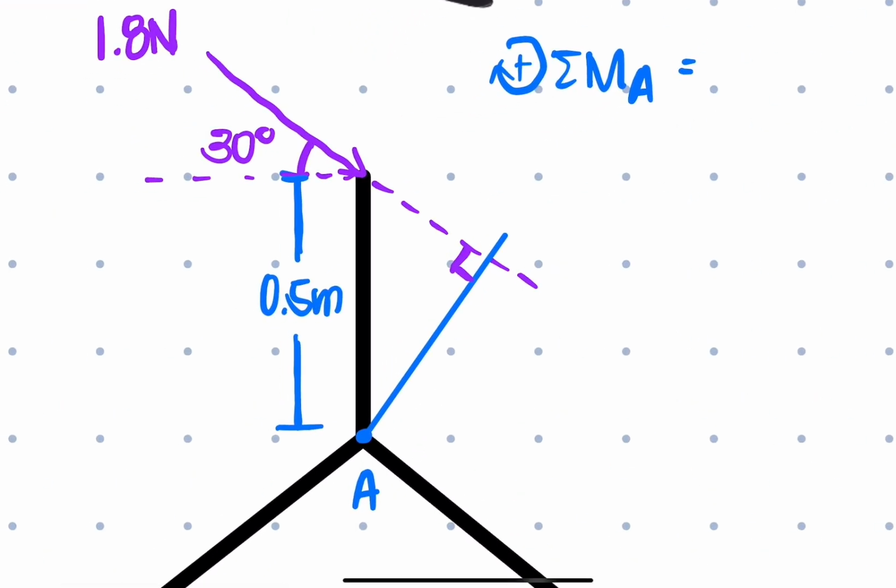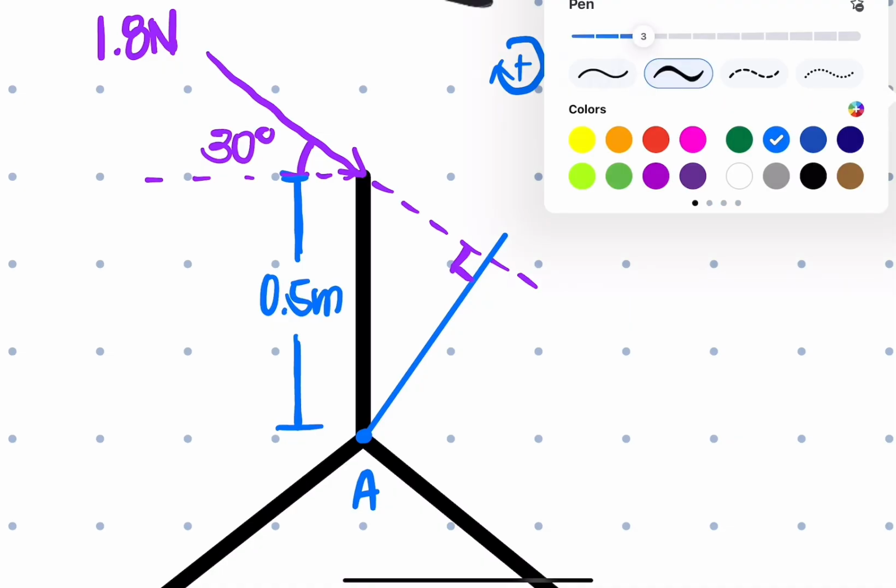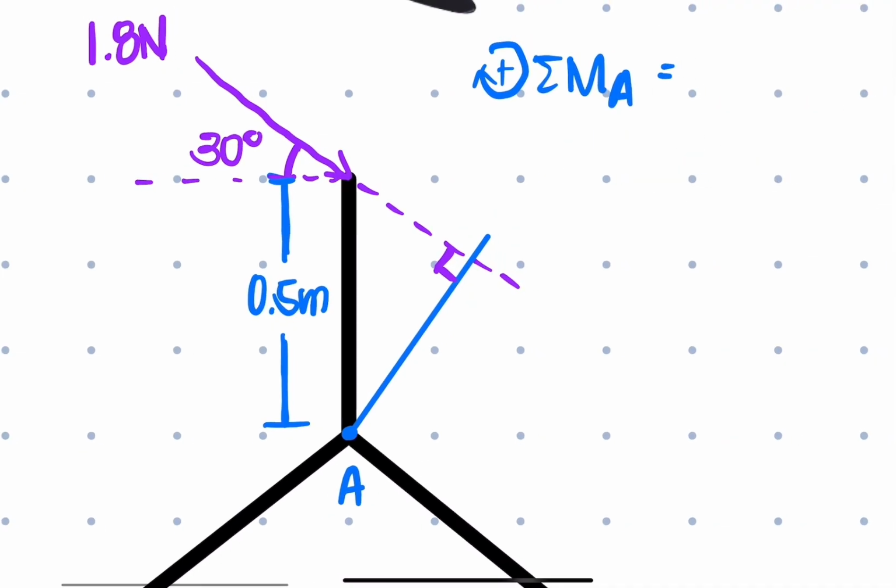So, ngayon, yung haba na ito, ayan na yung moment arm na hinahanap natin. So, gagamit lang tayo ng onting geometry, guys, para ma-solve natin yan. Alam natin na may 30 degrees tayo dito. Alam natin na meron tayong perpendicular line dito. At dahil sa conditions na yon, simply malilipat dito yung 30 degrees na nandito sa taas.